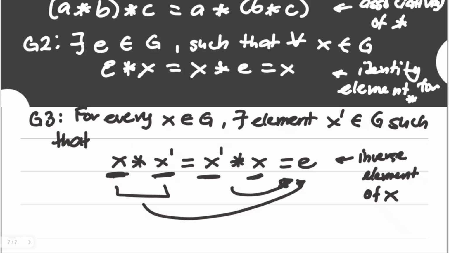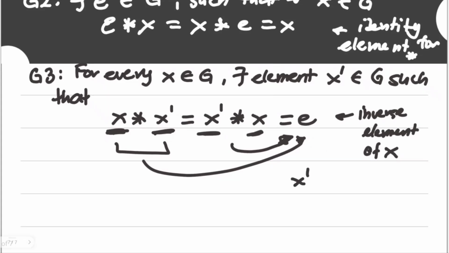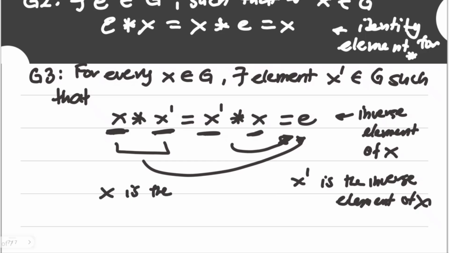These are the inverses, or the existence of inverse element. So we can say that x prime is the inverse element of x, and at the same time x is the inverse element of your x prime, because when they are operated using the binary operation star, they result in the identity element.